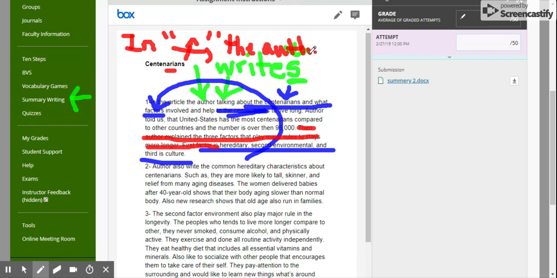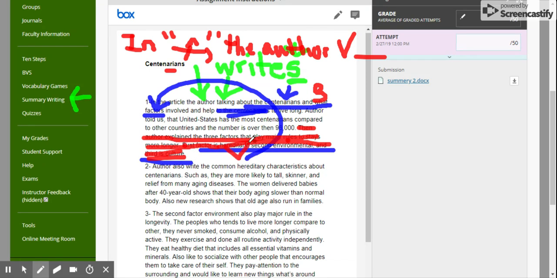The author, right? And then you're going to put verb, and then main idea. And the main idea is what factors are in, 3 factors, not just what, but 3 factors involved in helping centenarians to live longer. And then, you could include this word hereditary, environmental, and culture, or you could even just take that out and save that for your next sentences, right?